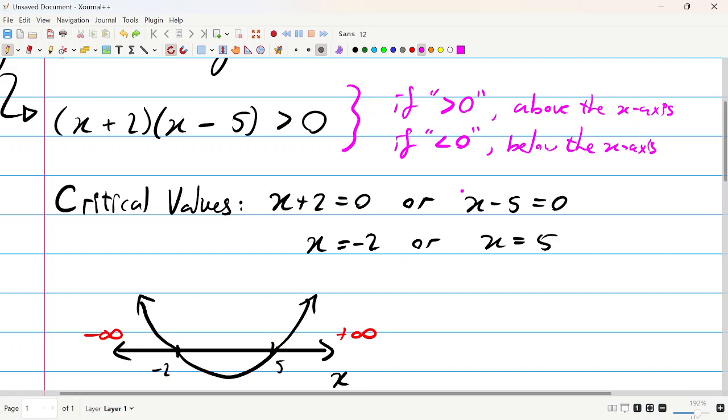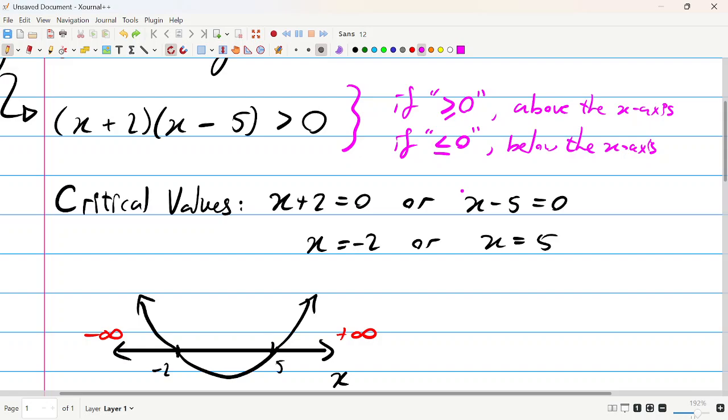Obviously, we can also say equal to as well. It really doesn't matter, just as long as we have this sign and that sign, but it is greater than 0. So what does that imply to us? It implies to us that it must be above the x-axis, meaning it needs to work with this interval above the x-axis.